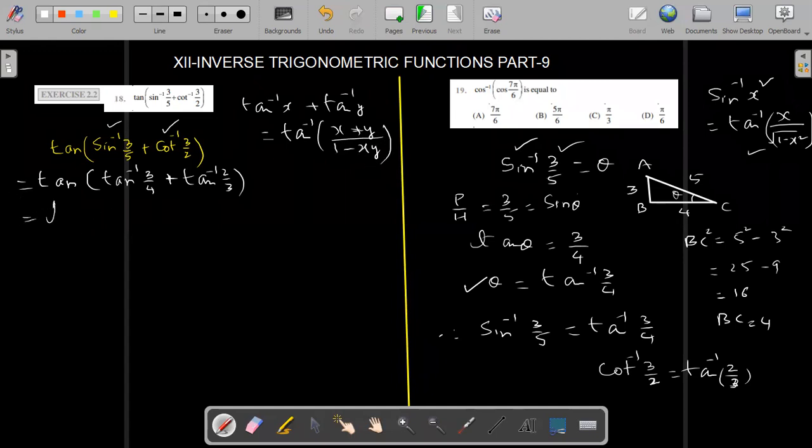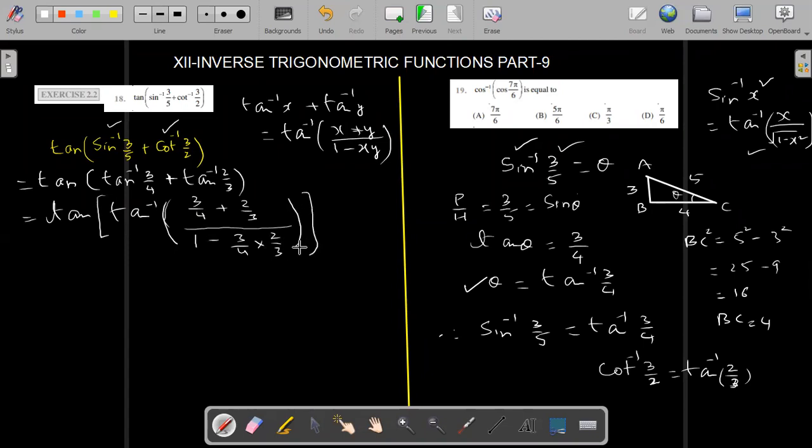So we can write as tan inverse of x plus y, 3 by 4 plus 2 by 3, divided by 1 minus 3 by 4 into 2 by 3.